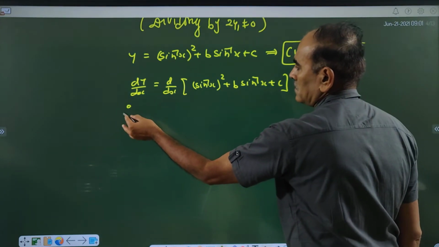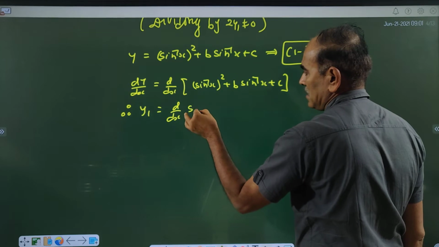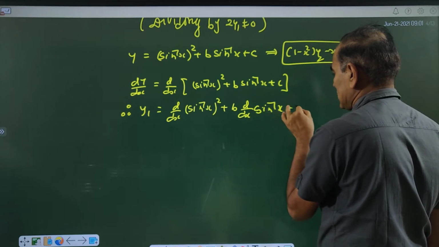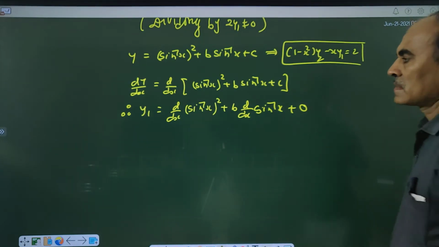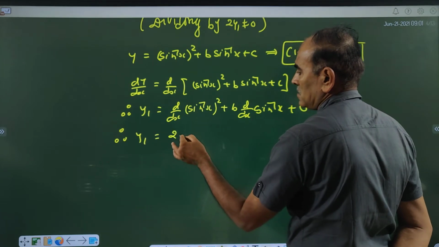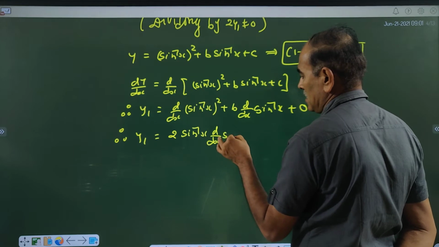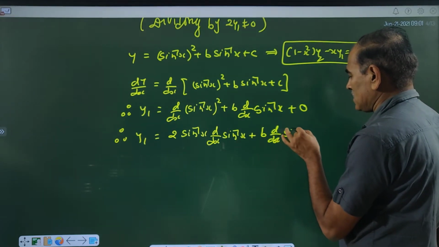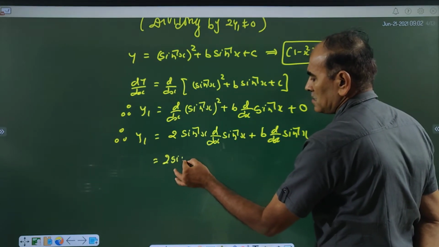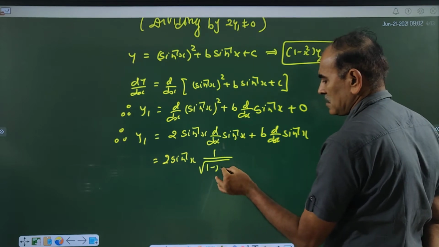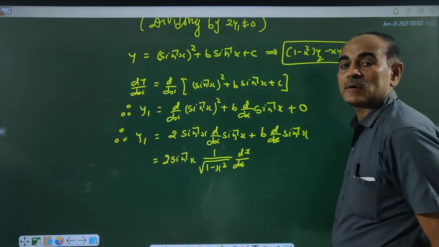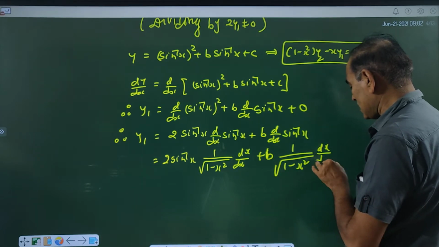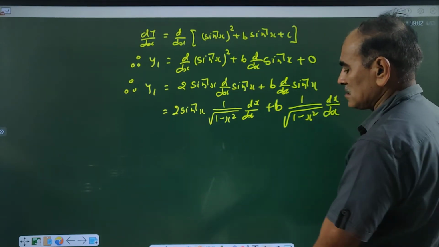What do we get here? y1 is 2 times sin inverse x times d by dx of sin inverse x, plus b times d by dx of sin inverse x, plus the derivative of the constant term, which is 0. The derivative of sin inverse of some function is 1 upon under root 1 minus that function square into d by dx of that function. So this is our y1.